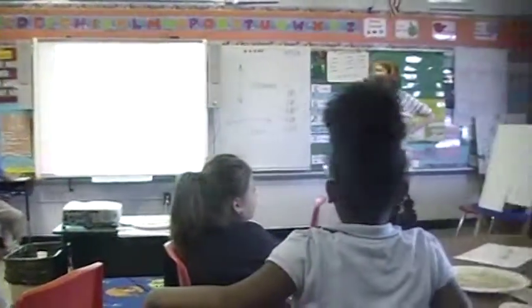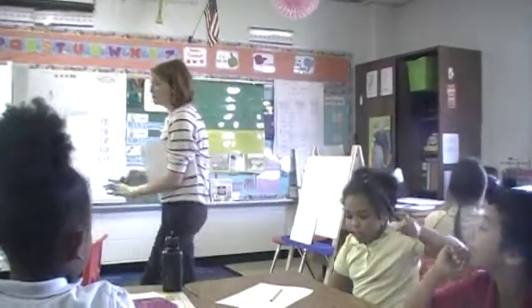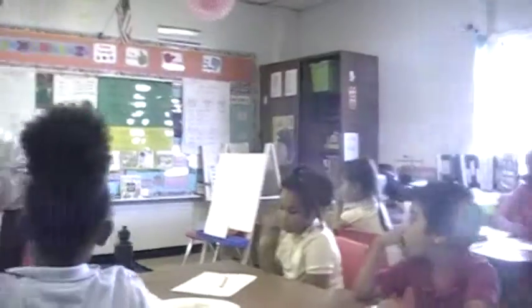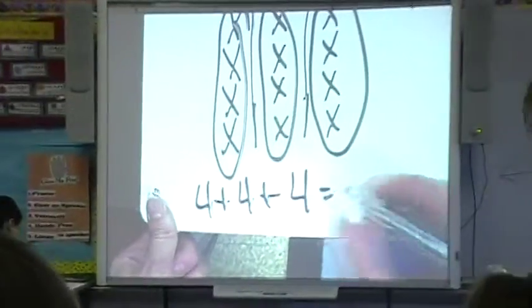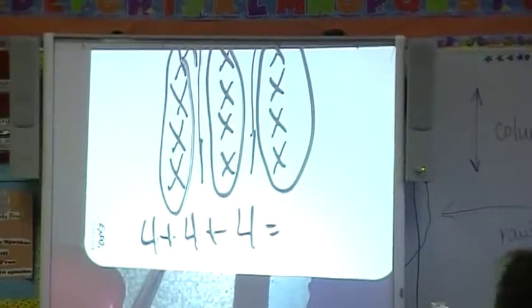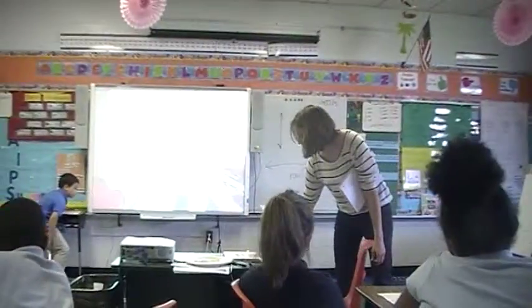What is my addition problem for this problem? What's my addition problem, Evie? 4 plus 4 plus 4. 4 plus 4 plus 4 equals what? What is 4 plus 4 plus 4? 12. How do you know? How did you get that?